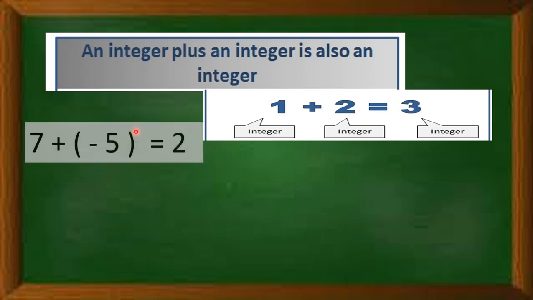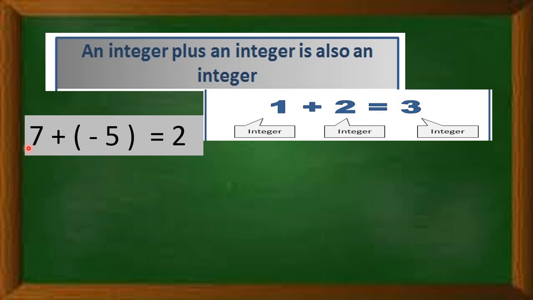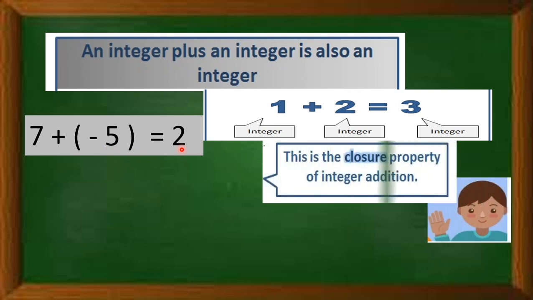Similarly, when we subtract two integers, or we can say we add 7 and minus 5, we get 7 minus 5 is 2. So this 2 is also an integer. This is the closure property of integer addition: when two integers are added or subtracted, the result is also an integer.